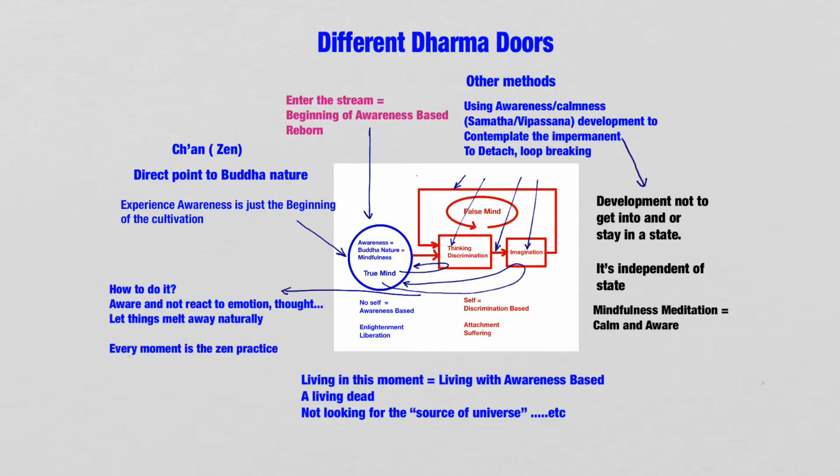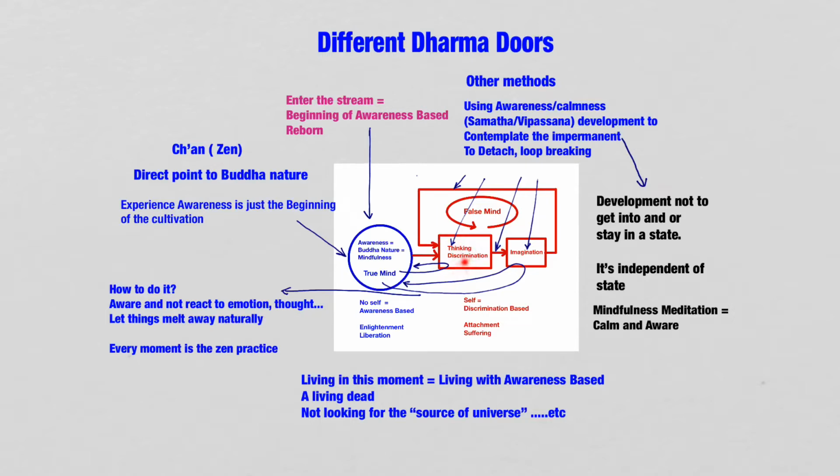Okay, so say if we have developed some level of samatha and vipassana, or awareness and calmness, we were here, and then we use that awareness and calmness to contemplate the impermanent nature of our thinking.